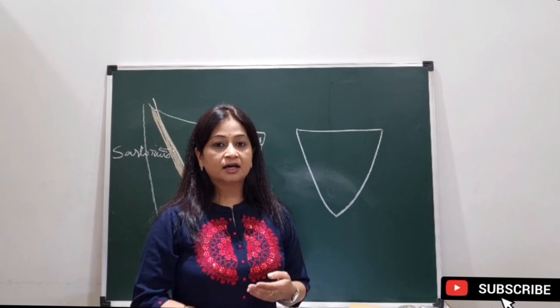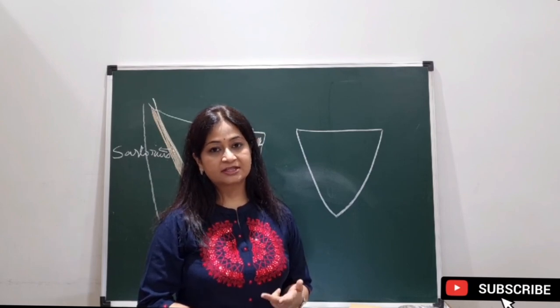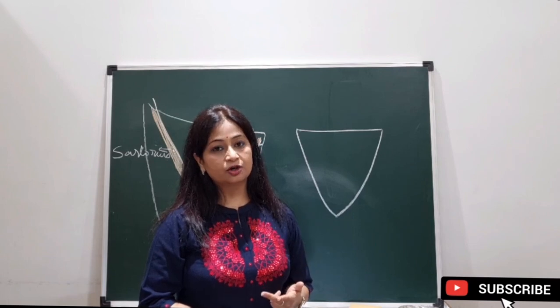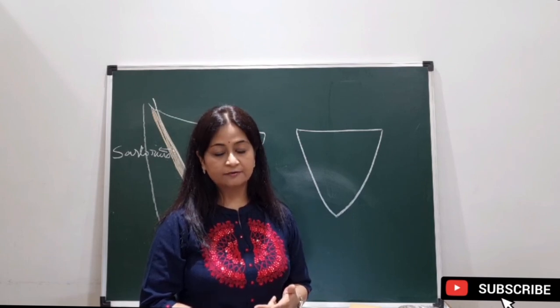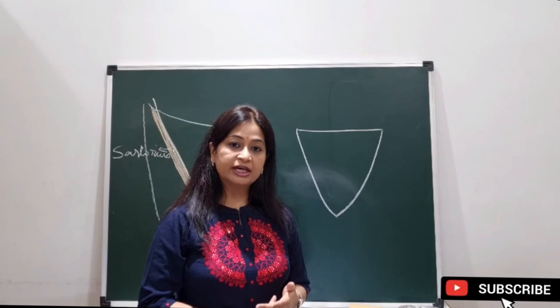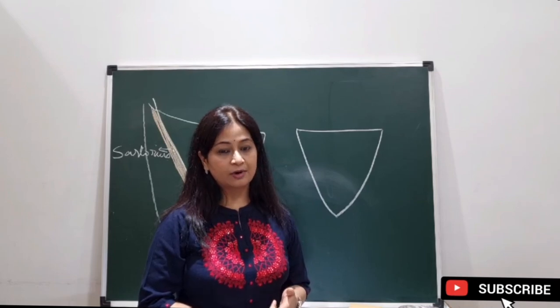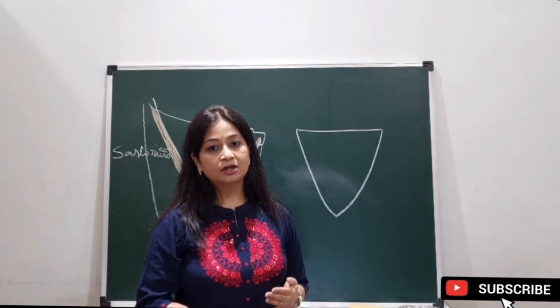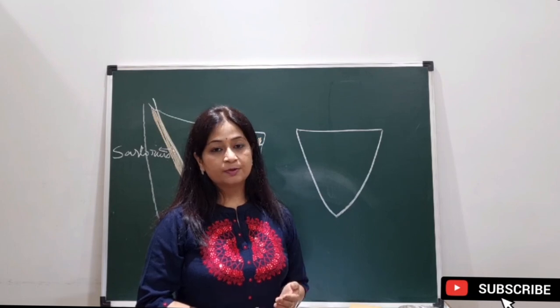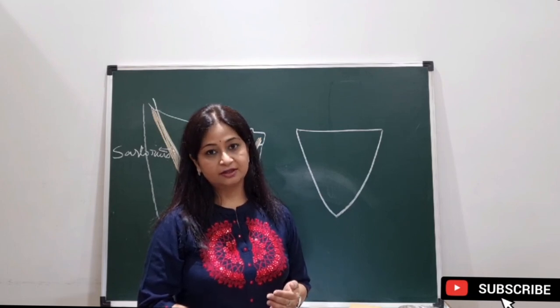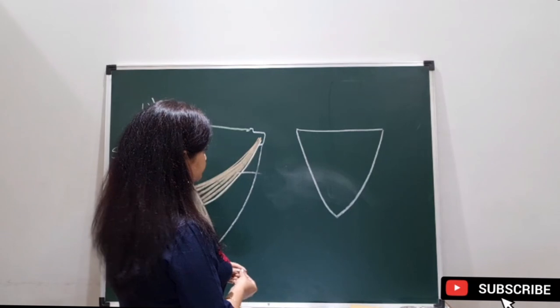Apart from this, two cutaneous nerves, that is the femoral branch of the genitofemoral nerve as well as the cutaneous branches from the ilioinguinal nerve. These are all contents of the superficial fascia of this triangle, right? So I'll draw that.